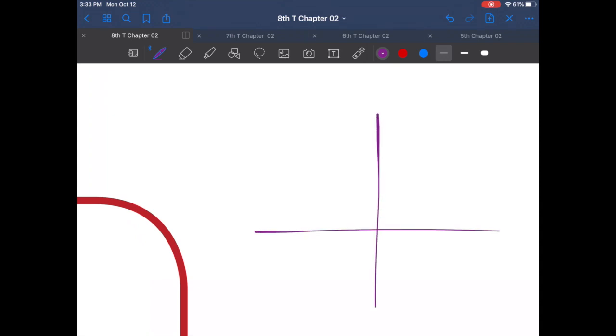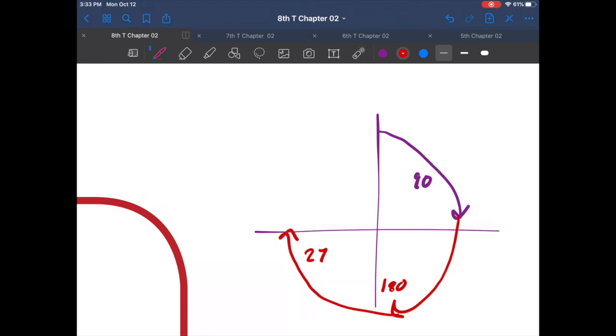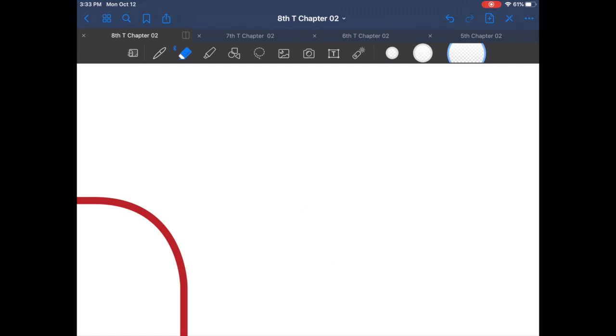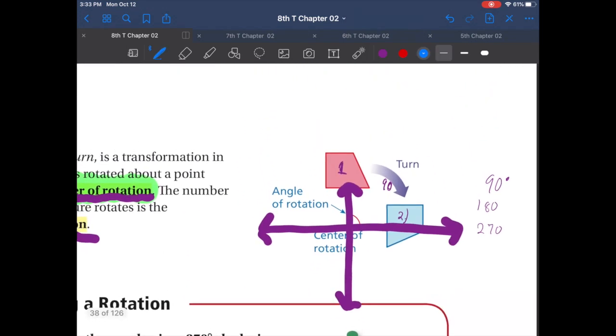So if we have a graph and it rotates once, that would be 90 degrees. If it rotates twice, that would be 180 degrees. If it rotates 3 times, that would be 270. And then if it got all the way back to where you started from, that would be a whole 360. Okay? So if it rotates once, 90, twice, 180, 3 times, 270. This will all make sense once we start doing the actual math about this.